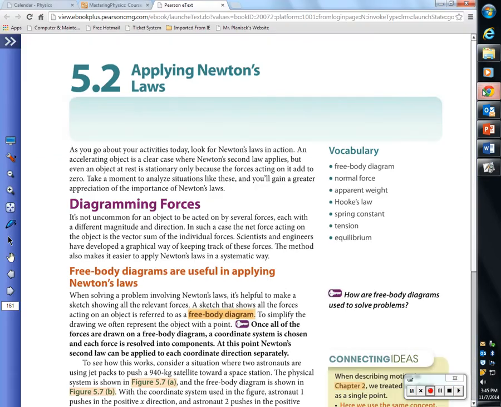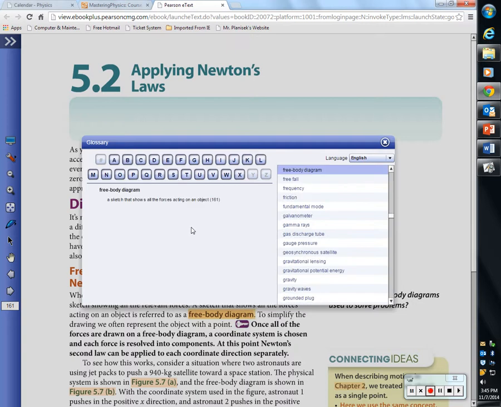I'll go back to the book for a second here. The free body diagram is defined as a sketch that shows all the forces acting on an object.